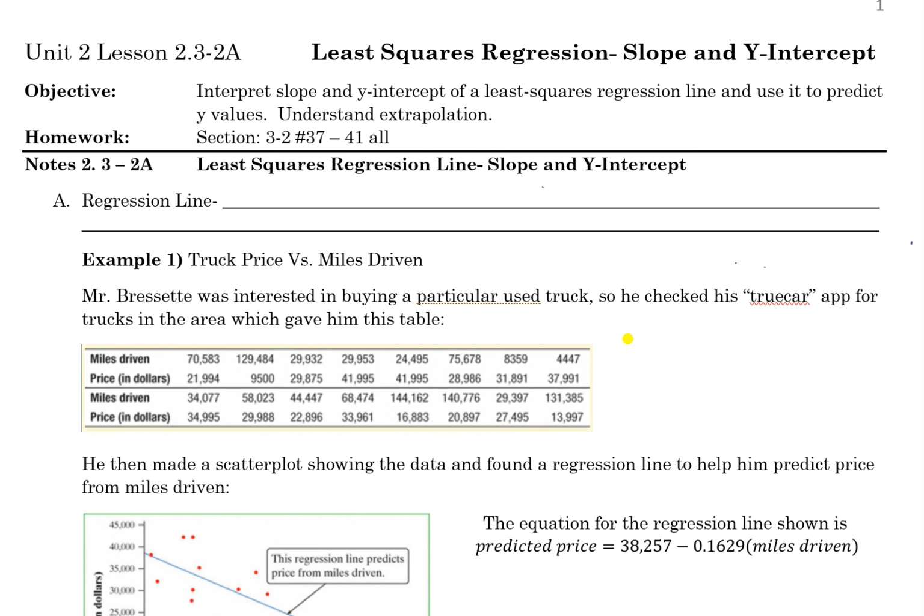Remember, when we describe scatter plots, we're looking at form, direction, strength, and if there are outliers, we need to mention that there are outliers. You also looked at correlation, or R, and this R value gives you a value that measures both direction and strength.